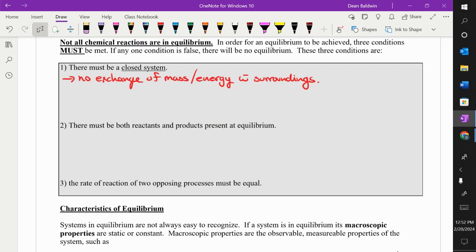You must have both reactants and products present at equilibrium. So you have to have both. Okay. Why do you have to have both?